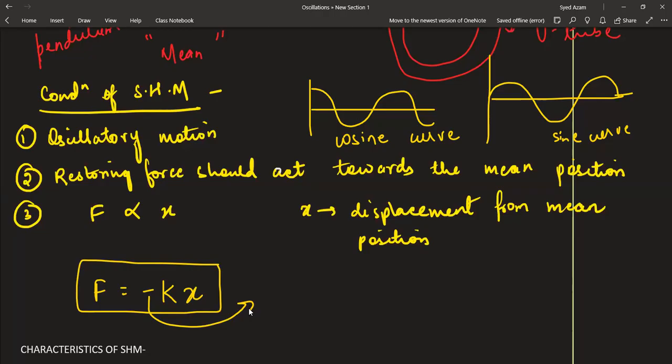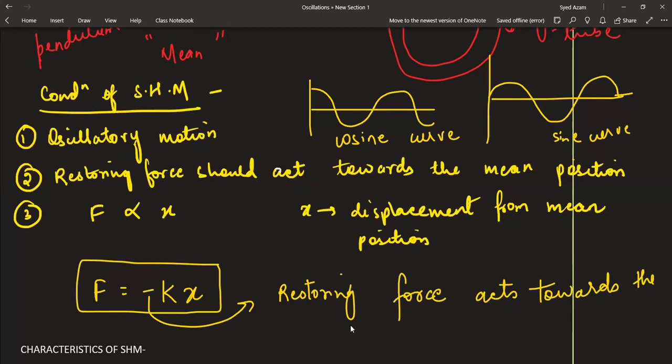See, if it is not directed towards the mean position, the body won't come back to its initial position. So how will it oscillate next? Because the restoring force acts towards the mean position.